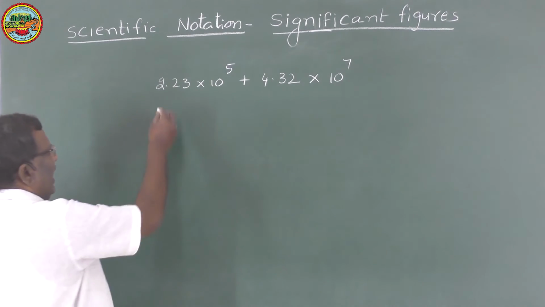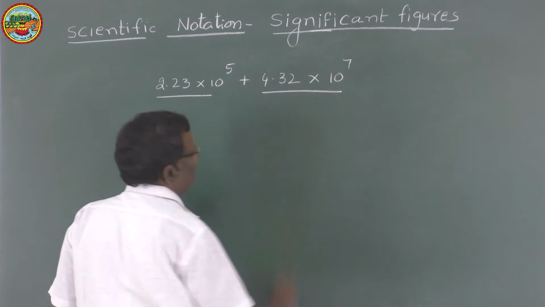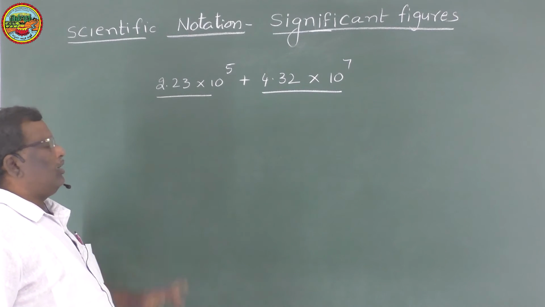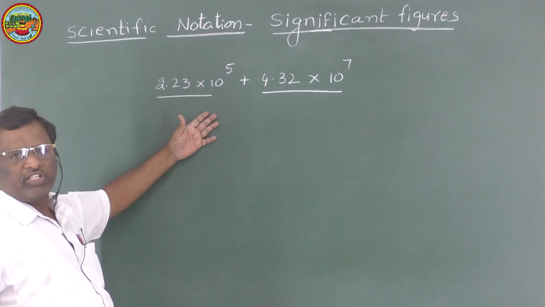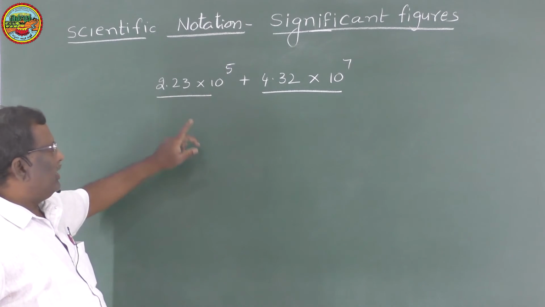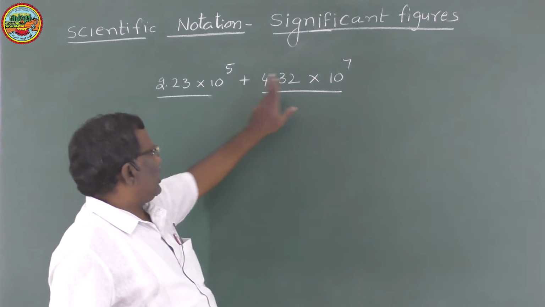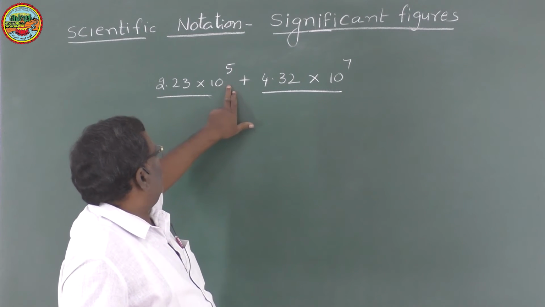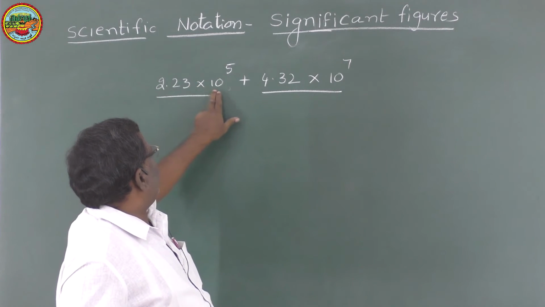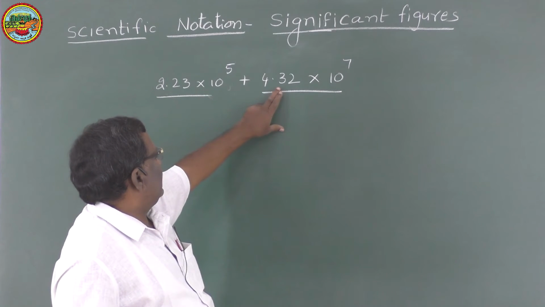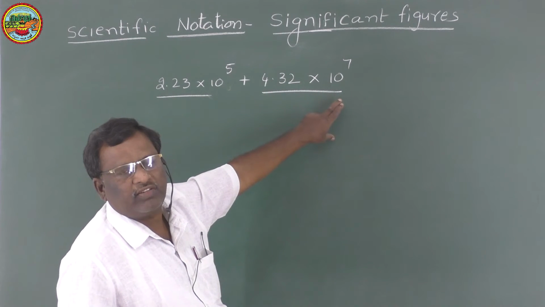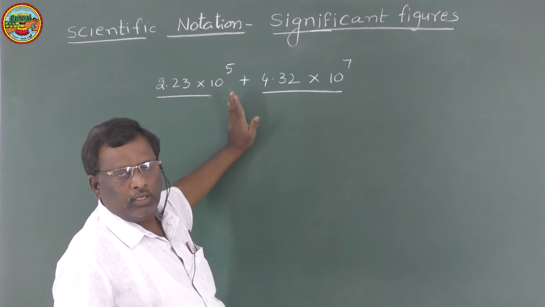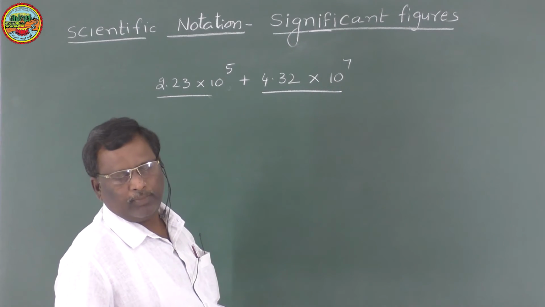So while we are adding two numbers like this, it is essential, not only for addition, for subtraction also, to equalize the powers. That means here you have one number multiplied with 10 to the power 5, another number multiplied with 10 to the power 7. If you want to add these two numbers, these powers must be equal.